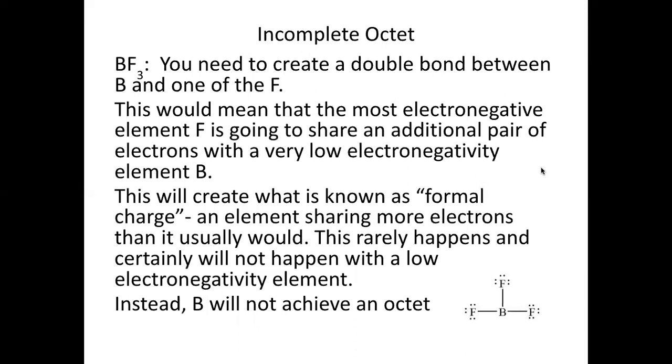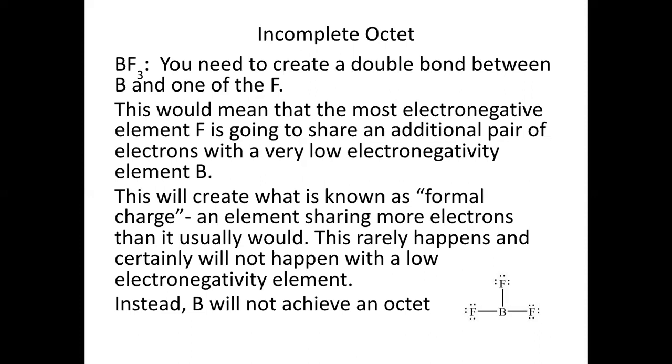So let's look at boron trifluoride. If you were to make a Lewis structure, you would need to create a double bond between boron and fluorine. This would mean that the most electronegative element, fluorine, is going to share an additional pair of electrons with a very low electronegativity element, which is boron.